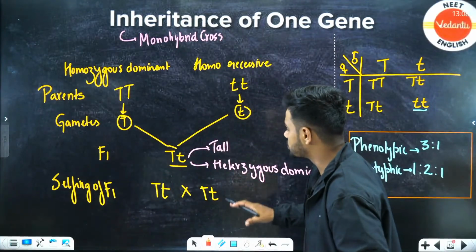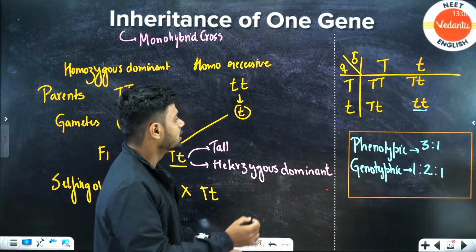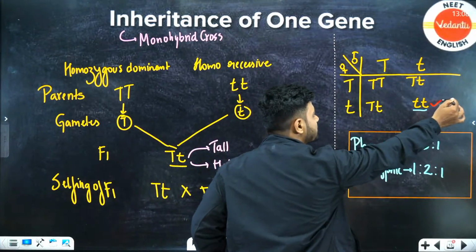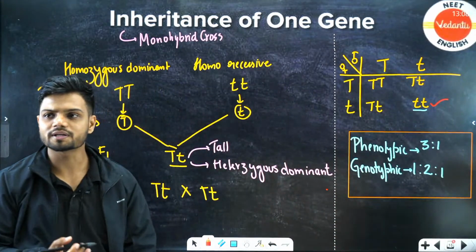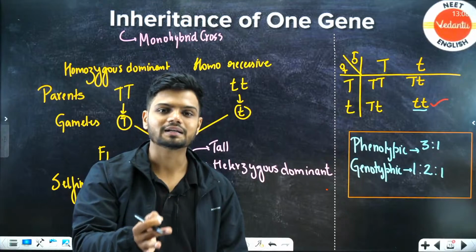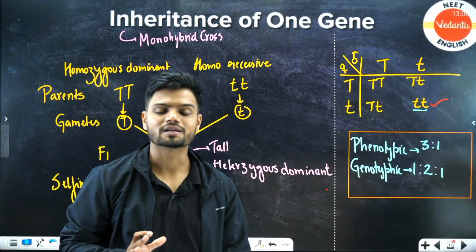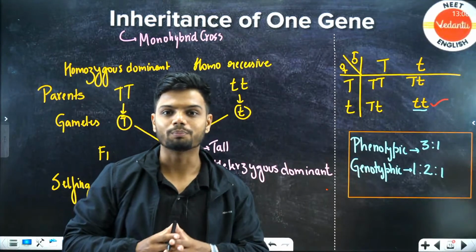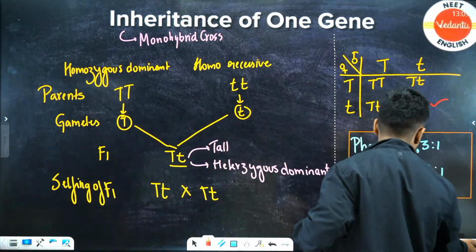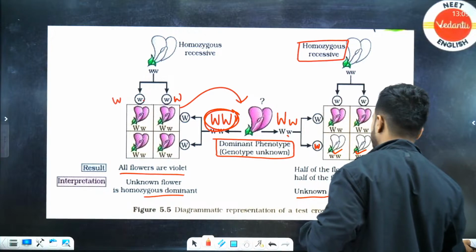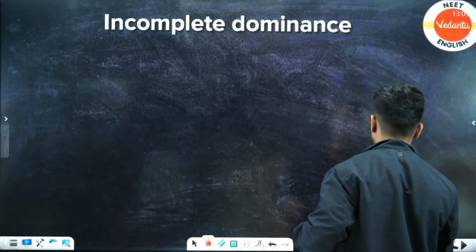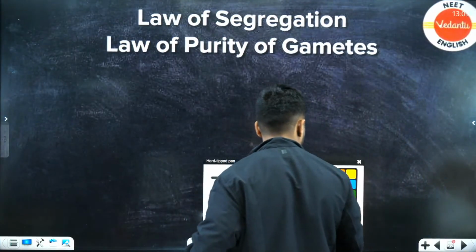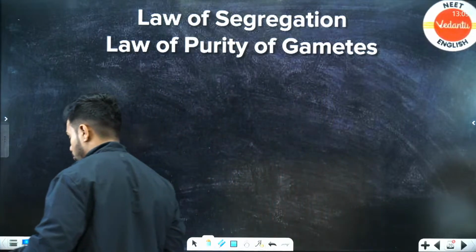Because in the F2 generation, the small t is able to express again. So the individuality is maintained. That is called the law of segregation. Alleles do not show blending.